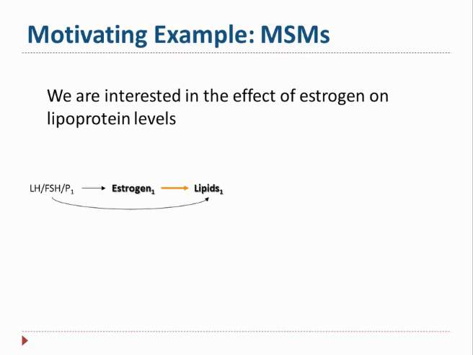And so we wanted to see whether there was some association between estrogen and lipids among premenopausal women as well. So here we are interested in the effect of estrogen on lipids, and we know that there are other reproductive hormones, LH, FSH, and progesterone, that are associated with estrogen and also associated with lipid levels.